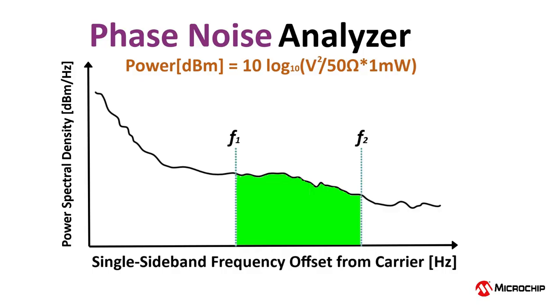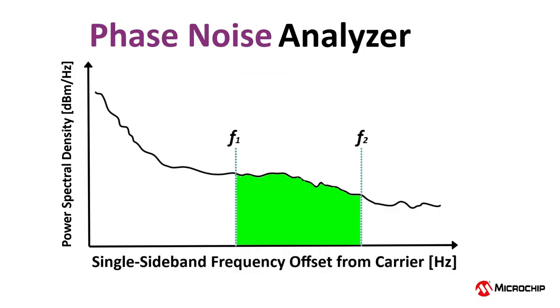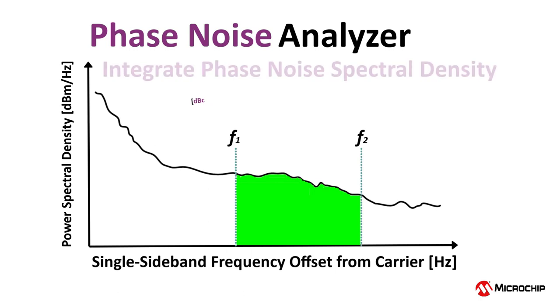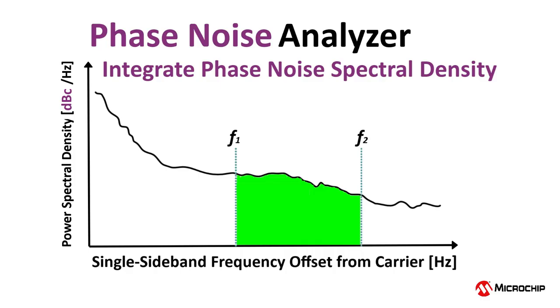We use a similar process with a phase noise analyzer to calculate the phase noise power. Just as a spectrum analyzer is used to calculate RMS volts, we integrate phase noise power spectral density over a given band of frequency offsets from the carrier, and then we derive the RMS phase noise amplitude of a real clock.